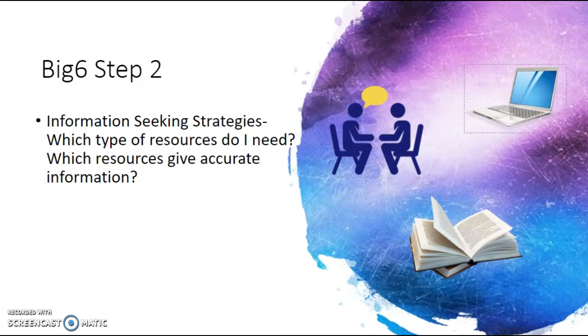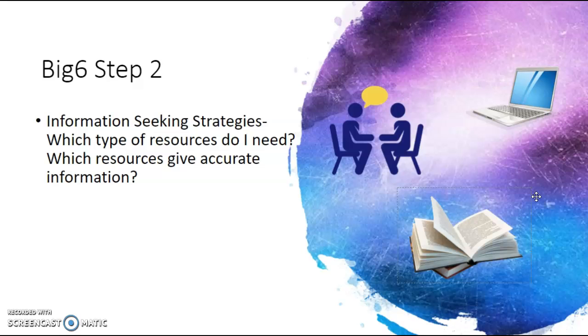And remember, these are not the only types of resources. There are also blogs, guides, manuals, all kinds of things. These are only a few that I listed here. And which resources give accurate information?